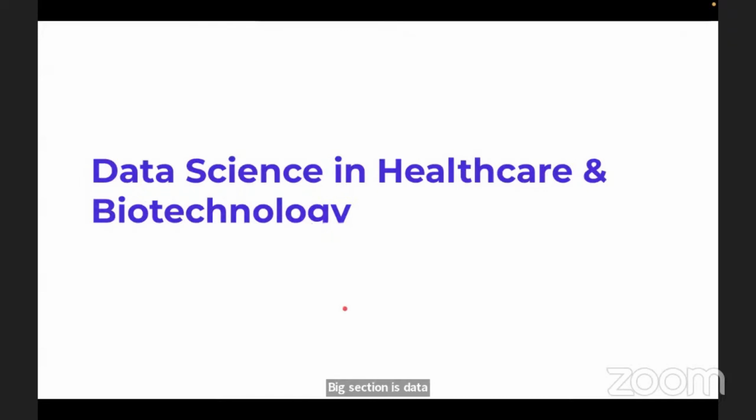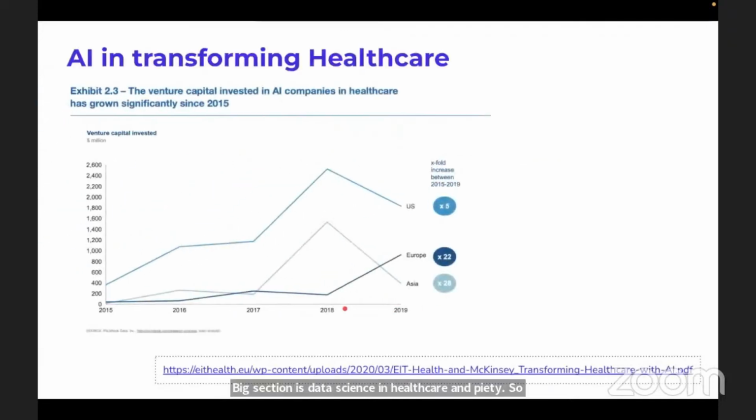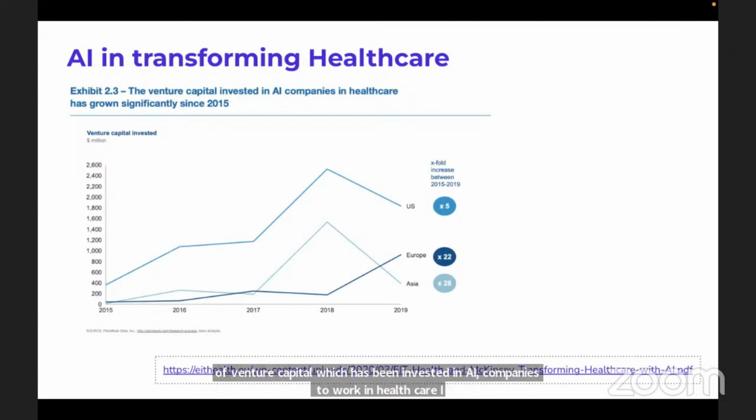So where we are right now. This is a survey market analysis done by McKinsey and Company, and they had tried to identify the amount of venture capital which has been invested in AI companies who work in healthcare over the last maybe 5 to 7 years.